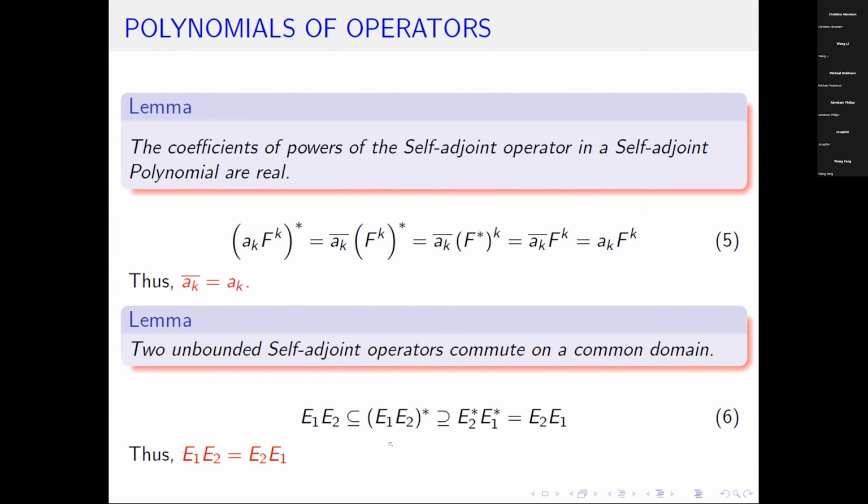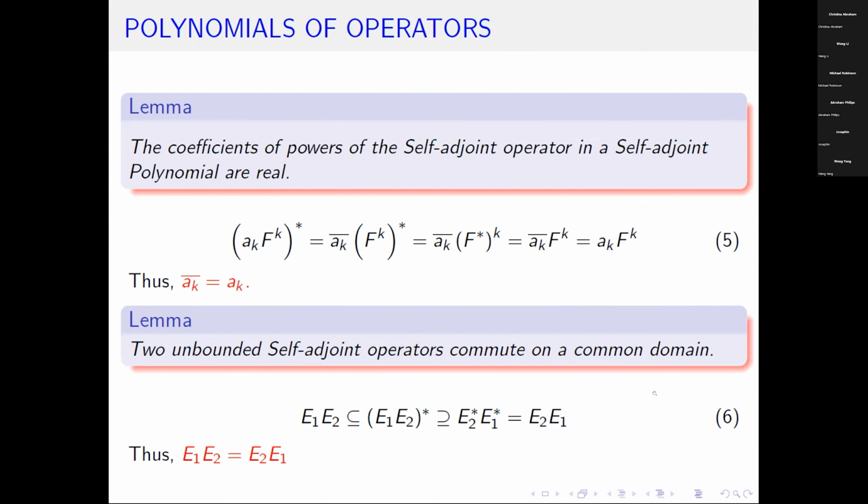But we also know that the adjoint of E1E2 is an extension of the product operator E2 adjoint E1 adjoint. Therefore, since E1 and E2 are self-adjoint operators, we drop the adjoints and come up with equation 6. If we relate those inclusions, it simply means that E1E2 is equal to E2E1. Therefore, the operators E1 and E2 commute only if they are operating on a common domain.